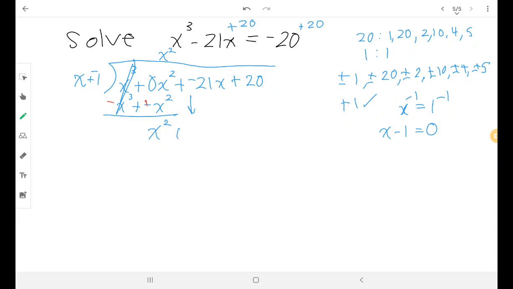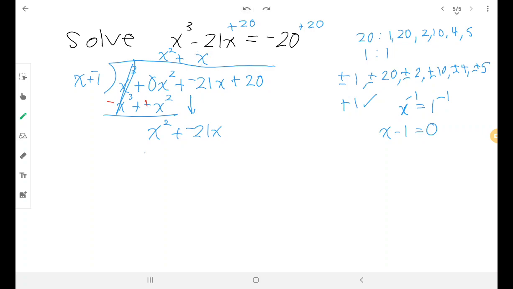Bring down the plus negative 21x and start over. Put a plus up here and start the game over. What do I have to multiply this to make that? Well, x times x is x squared. So now distribute this x.